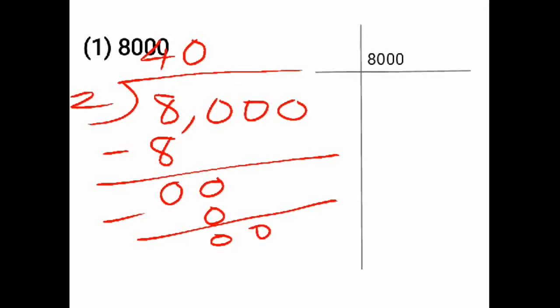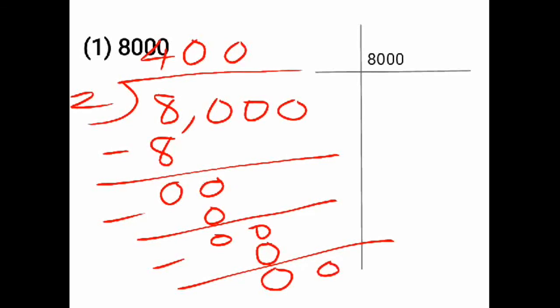Second 0 bring down. 2 zeros are 0. 0 minus 0 is 0. Then last 0 bring it down. 2 zeros are 0. Quotient is 4000. Divisor is 2. Divisor you have to write this place and quotient you have to write this place.